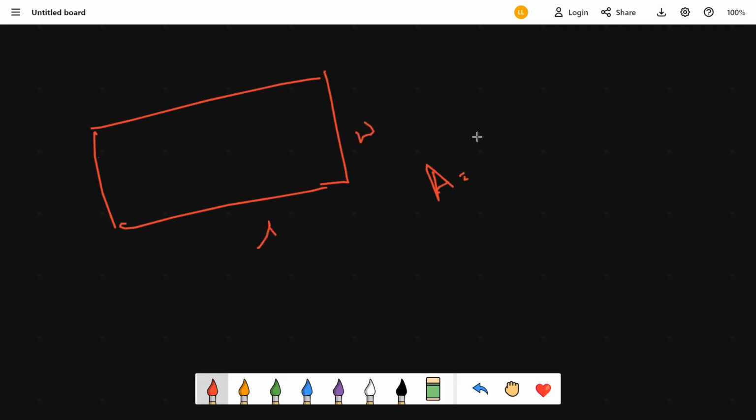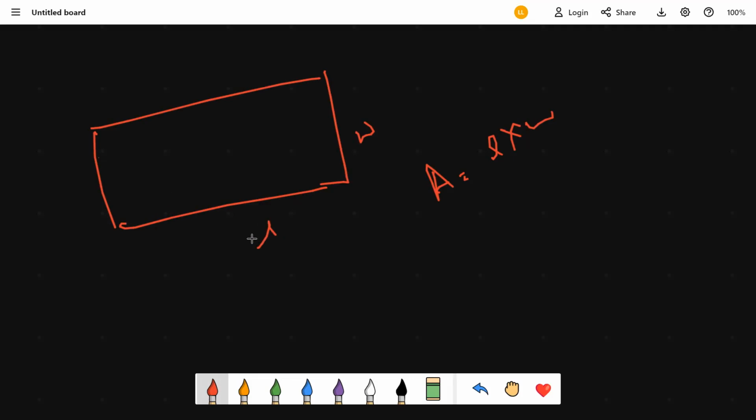That means in order to find area, we need two values, length and width, and we need to multiply them, isn't it? So that's how we actually find the area. Similarly, in integration, before that, we need some length and width to find the area.